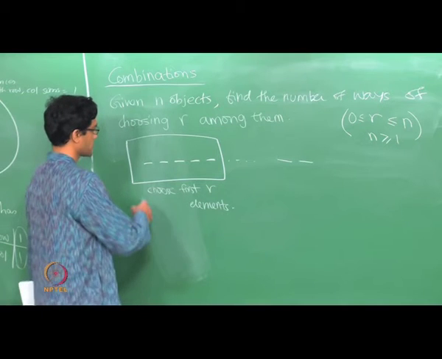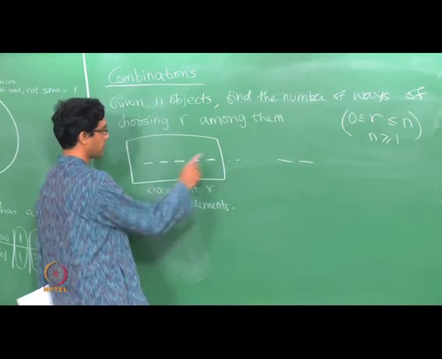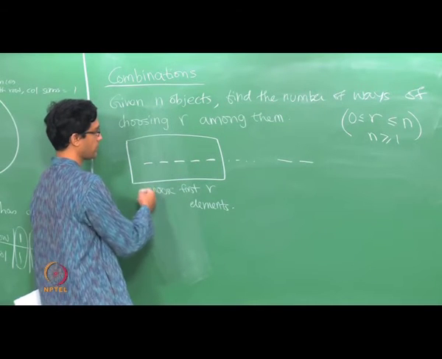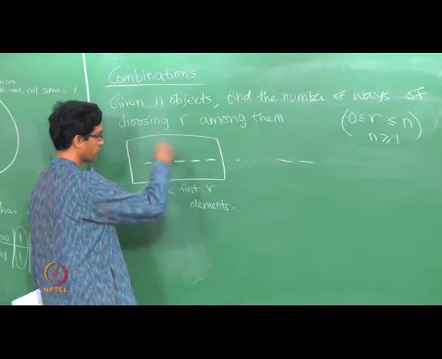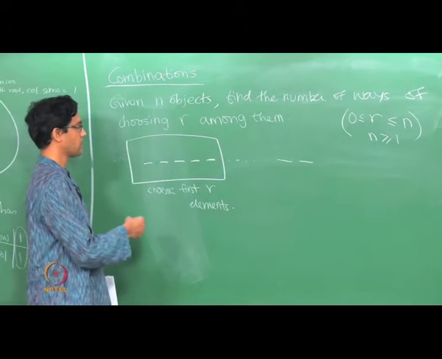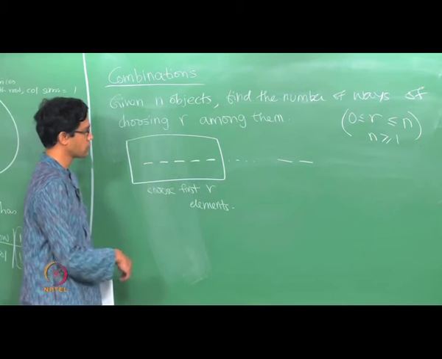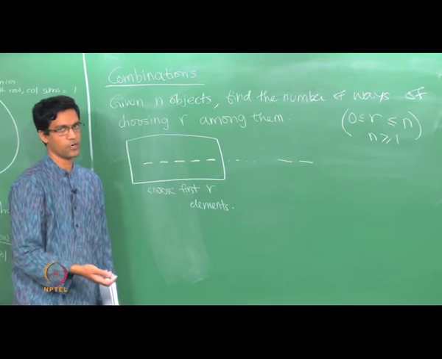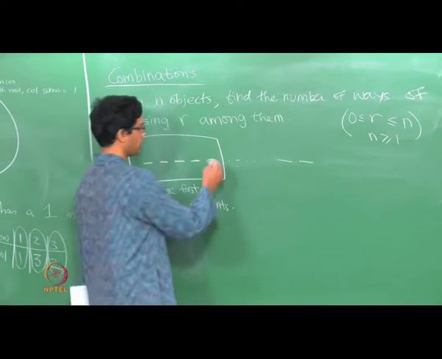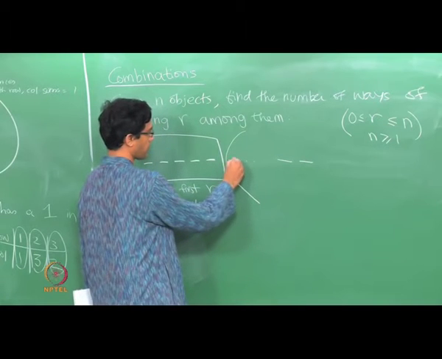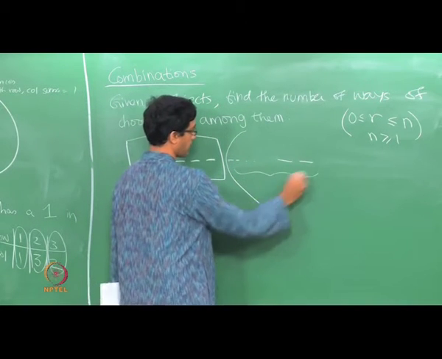Well, the answer is, if you take a permutation, you're given some permutation, and now you construct another permutation in which you permute these first R elements, okay, you permute them any which way you want, then in that new permutation that you generate, the first R elements are still the same, they are just occurring in a different order. Similarly, if you take a given permutation and then you construct a new permutation by permuting the remaining n minus R elements.